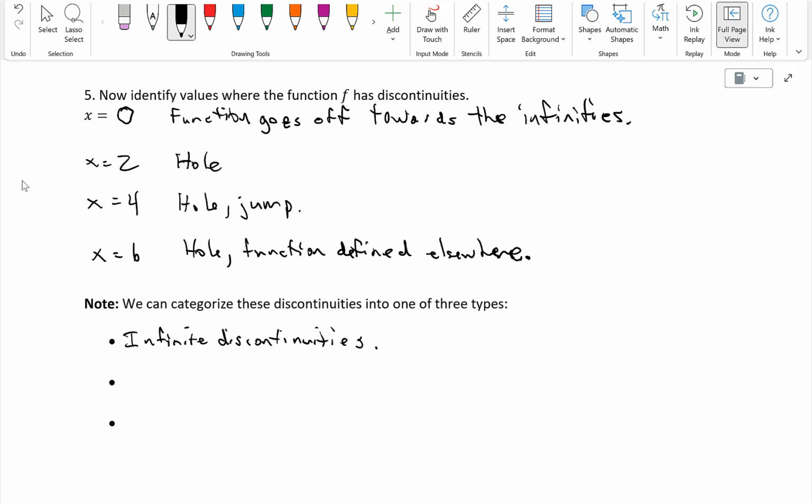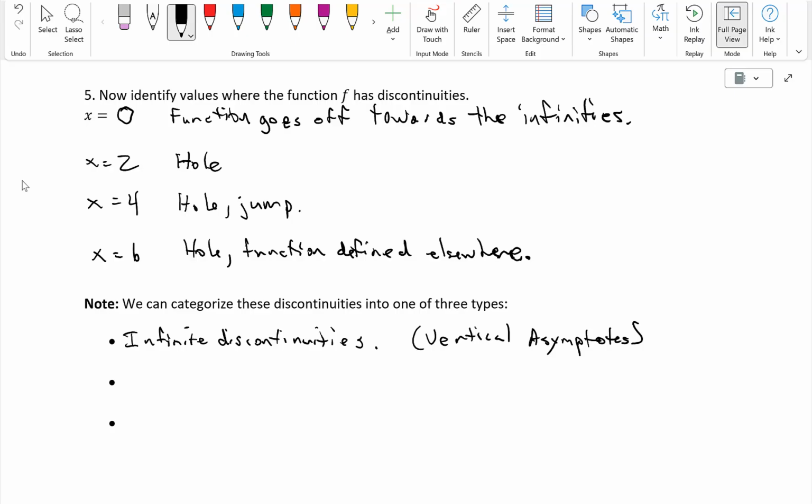Hopefully, as the name implies, that's what happened at around x equals 0, where the function goes off towards the infinities. You can also throw in the words here. Some of you may have seen them before, but we haven't done a lot of the graphing yet. We have vertical asymptotes. So that's what you'll see at those infinite discontinuities, the graph running up or down along some value.